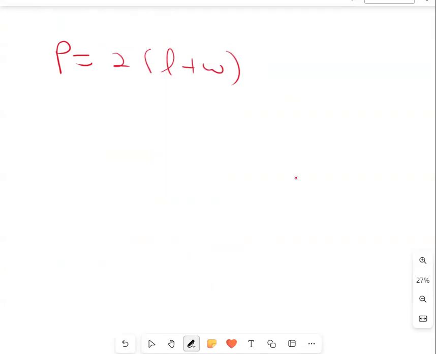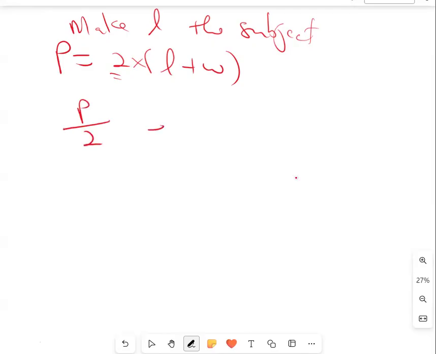So let's say you want to make L the subject. First, you've got to get rid of this 2. The 2 multiplies here, right? So what we could do is divide throughout by 2. So you have P over 2 equal to L plus W.